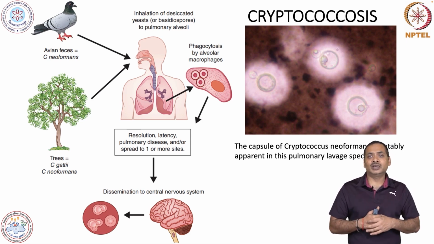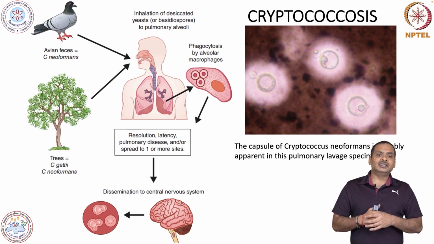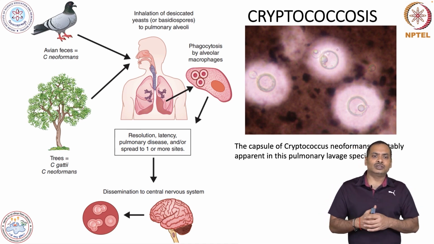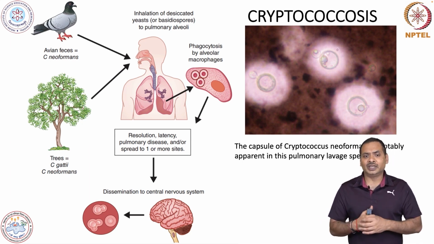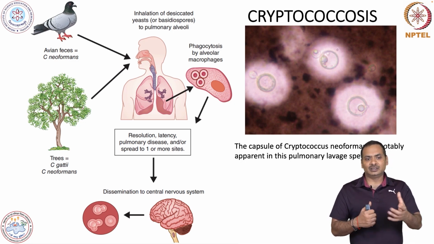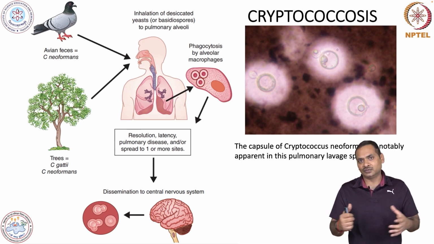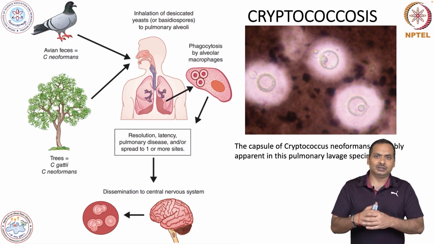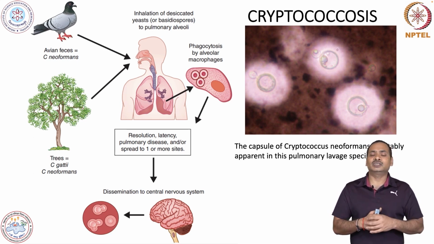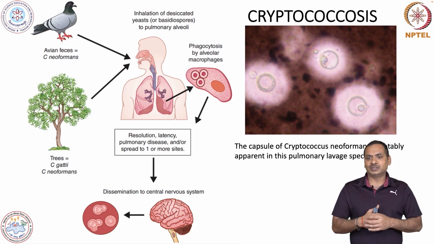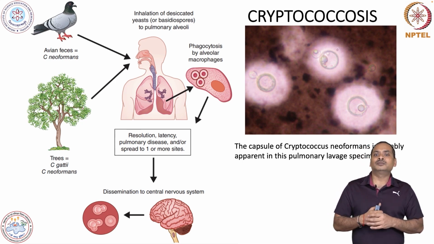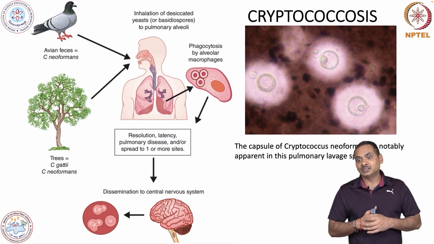There is phagocytosis by alveolar macrophages, and then there will be resolution or latent pulmonary disease, and or spread to one or more sites. They can affect the brain, and this will cause a wide range of pathology. Not only the brain, it can infect the skin and so on. Here you can see Cryptococcus depicted. The capsule of Cryptococcus neoformans is notably apparent in the pulmonary lavage specimen.